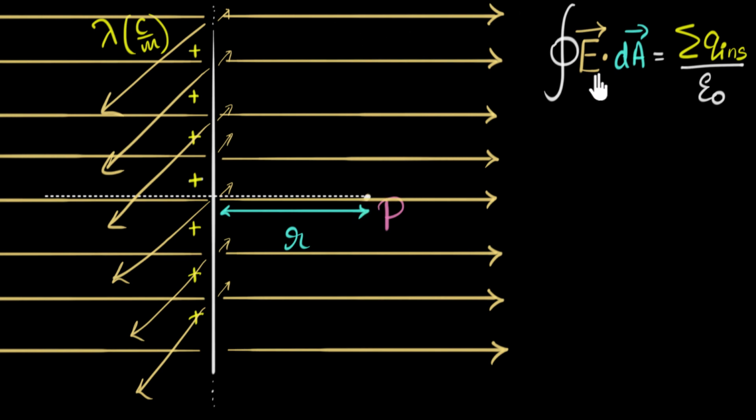Because if the electric field has the same magnitude everywhere, then you can just take it outside the integral, and that's when it becomes much easier to solve. That's the whole point of using Gauss's law. So the next task is to figure out what surface you would choose such that the electric field everywhere on that surface has the same magnitude. Again, it's a great idea to try this before I see you in the next video.